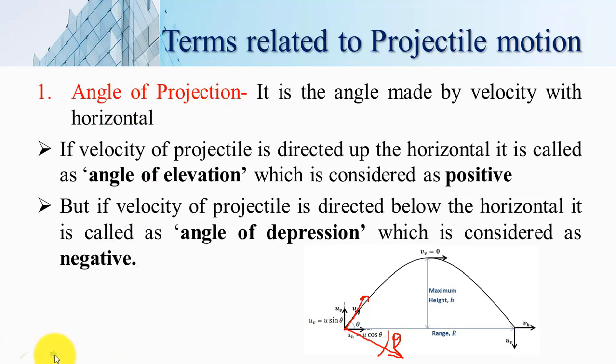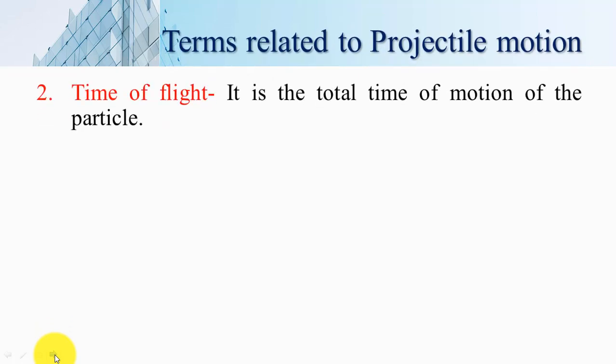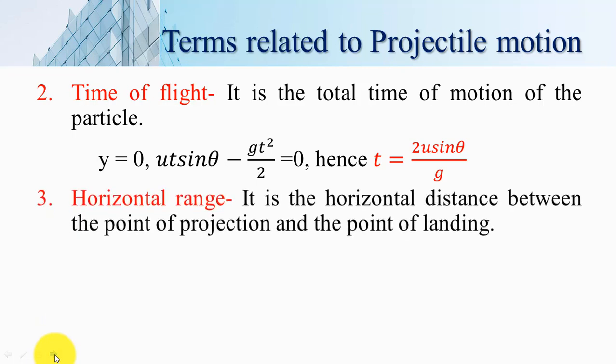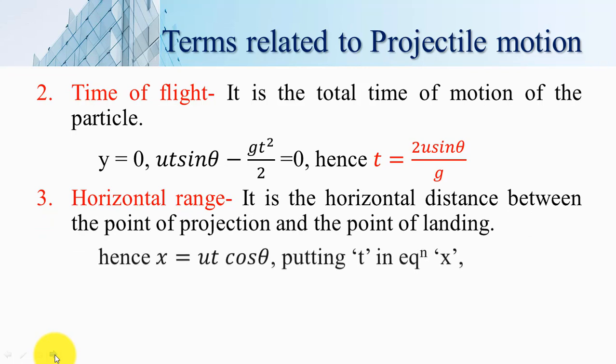Then the next term is the time of flight. It is the total time of the motion of the particle, or the time for which the particle remains in space. That is nothing but the total time of flight. It means it lands in the same plane from where it was projected.